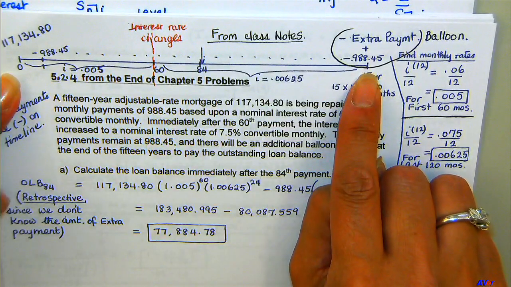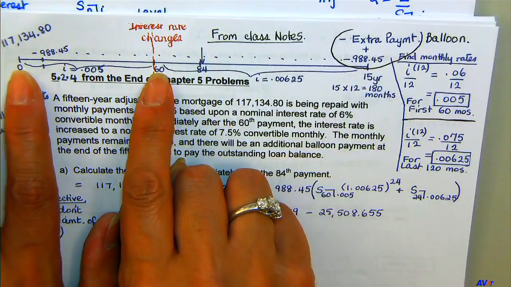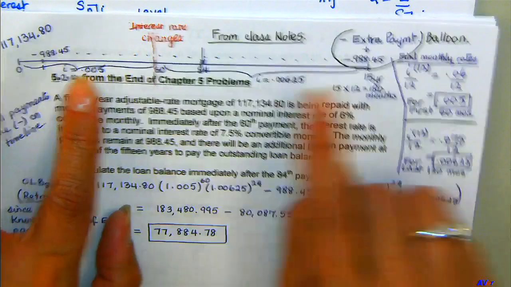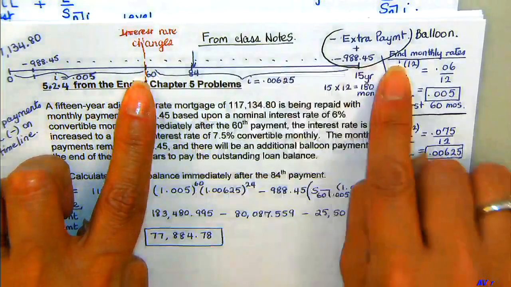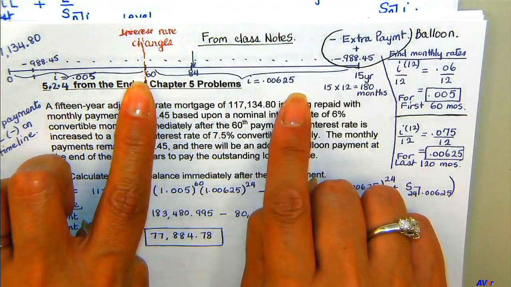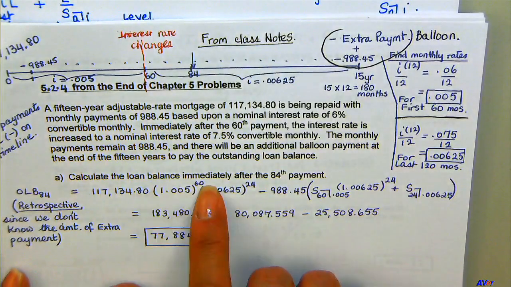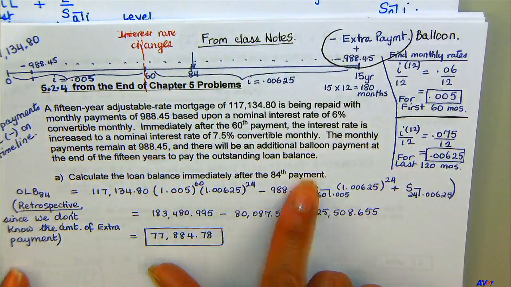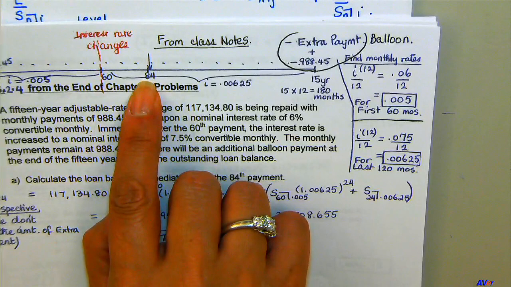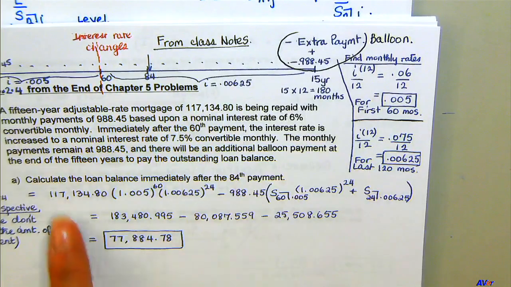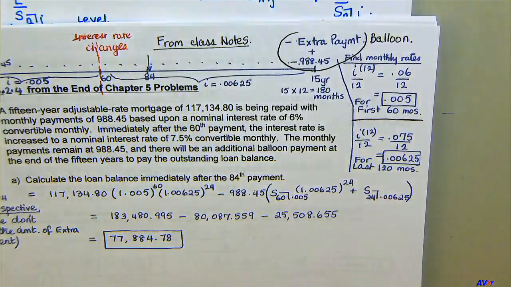And they're telling you that for the first 5 years, the interest rate is some particular interest rate, and then from then on, you have a different interest rate. The first question says, calculate the loan balance immediately after the 84th payment. So you're trying to find OLB 84, which you have to do the long way because you don't have OLB 85 or 83 given to you.